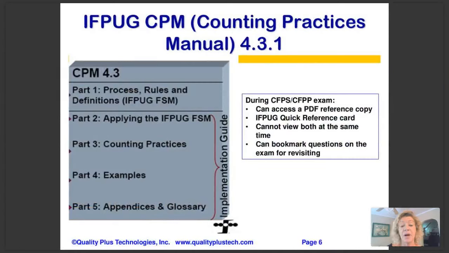So as I mentioned, part 1 is the process, rules, and definitions. FSM means functional size measurement. Functional size, remember, is only taking a look at what the application will do. If I say, what does this software do? You can tell me it can add, it will change, it will revise, it will populate.